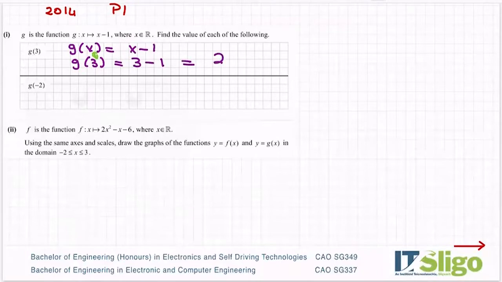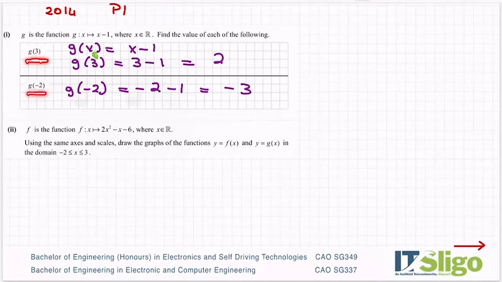And in the same way, if I have to find g of minus 2, replace x with minus 2, just like it was replaced here. And you'll get minus 2 minus 1 being equal to minus 3. Okay, and that's all there is to those type of questions once you understand what the language is.